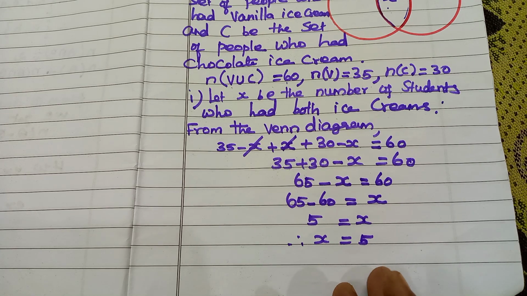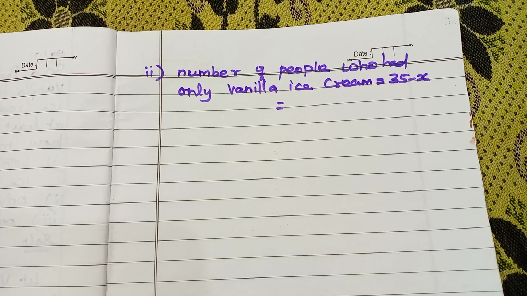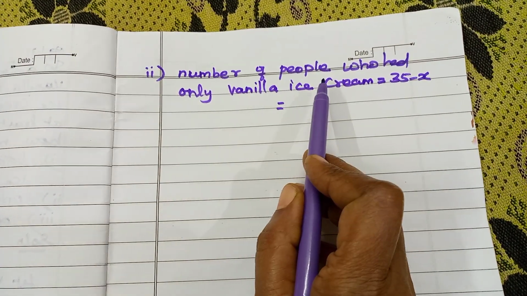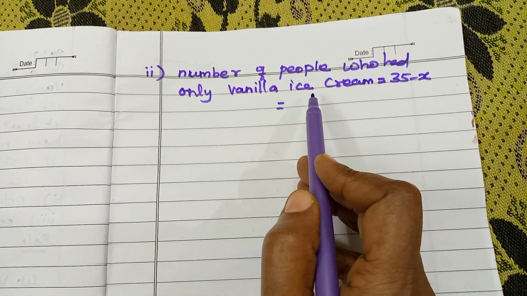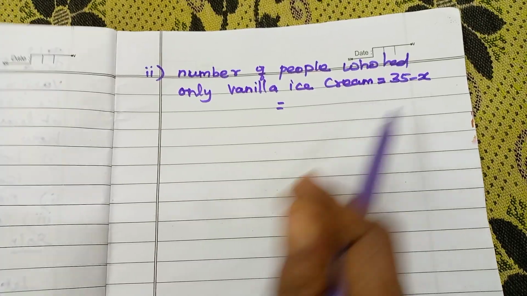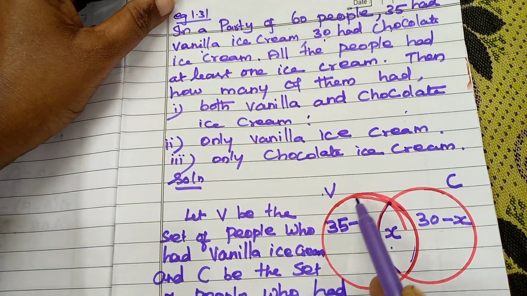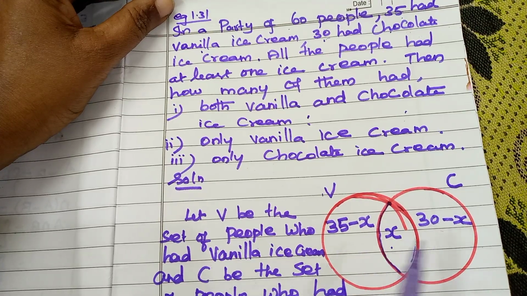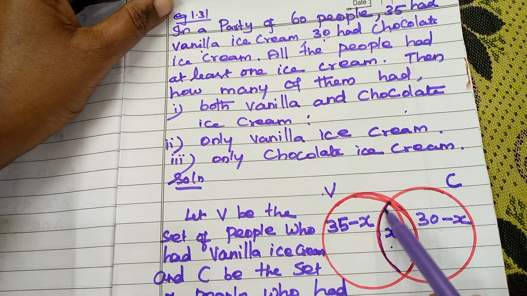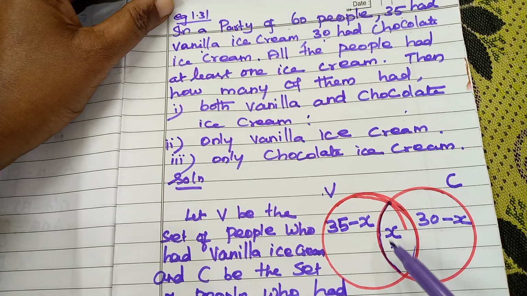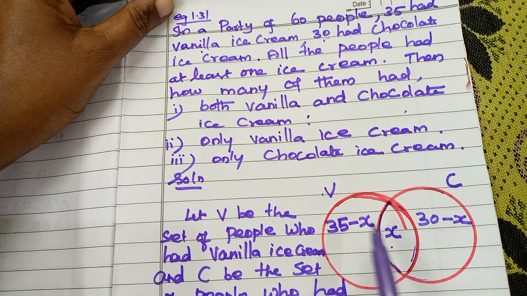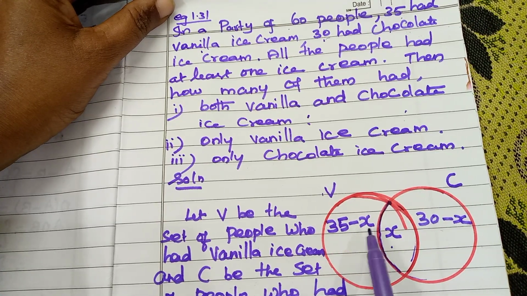Similarly, second subdivision: number of people who had only vanilla ice cream. That is from the Venn diagram. See this, from the Venn diagram, number of people who had only vanilla means, except this C circle, C circle we should not touch. Remaining is 35 minus X. Only vanilla, so this C circle we should not touch.